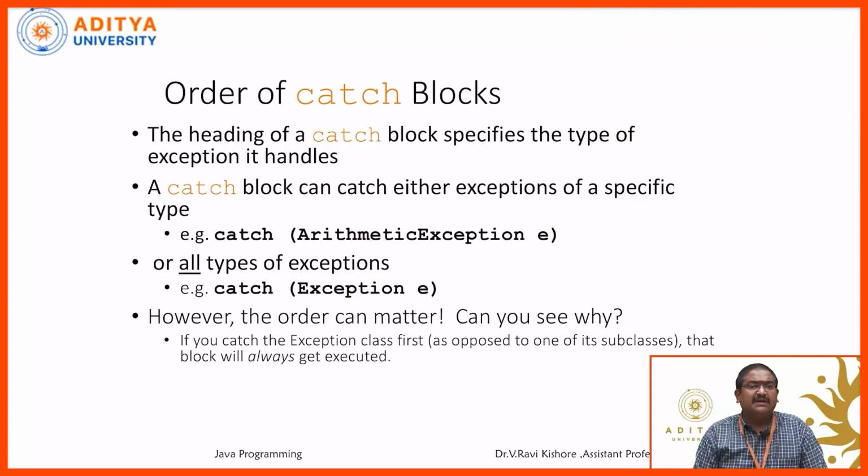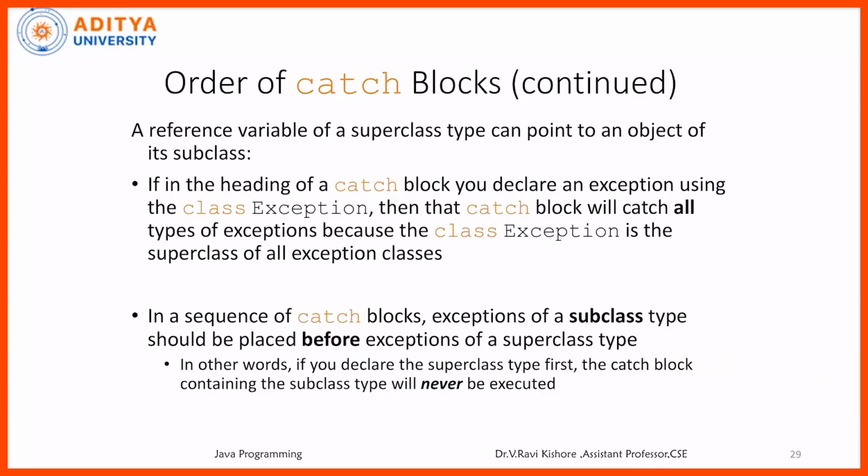And coming to the order of the catch blocks, a reference variable of a superclass type can point to an object of its subclass. If in the heading of the catch block you declare an exception using the class Exception, that catch block will catch all types of exceptions, because the class Exception is the superclass of all the exception classes.